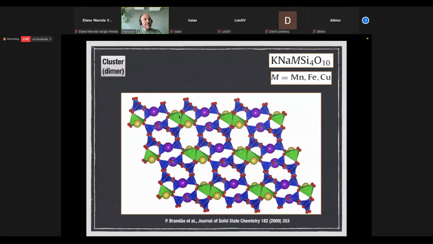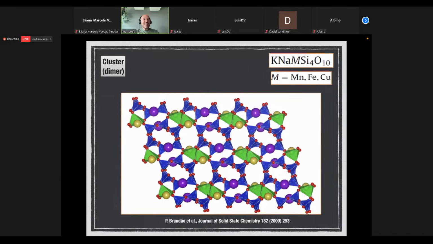Okay. However, here is a dimer. You can see these 2 ions here in olive color. These 2 ions, depending on the case, can be manganese, iron, or copper, and in spite of that, these 2 do not present magnetic anisotropy, even considering manganese and iron.